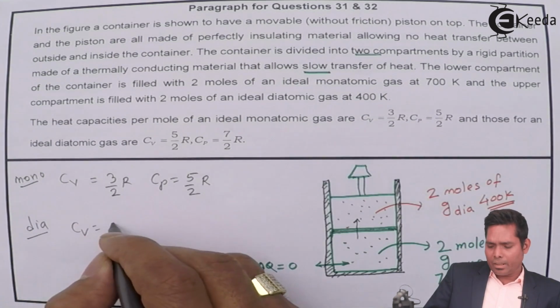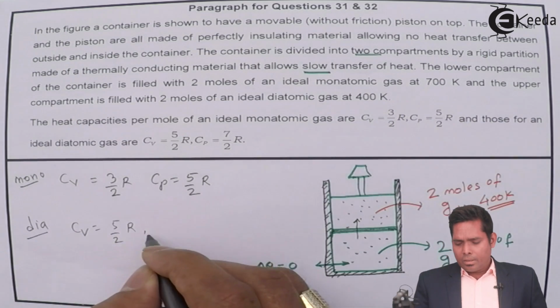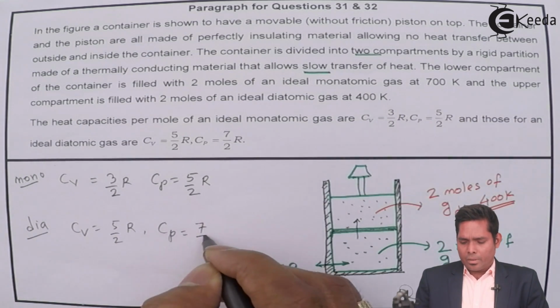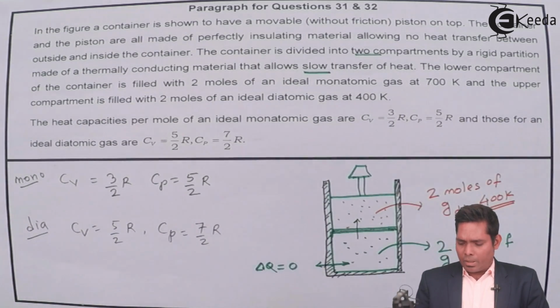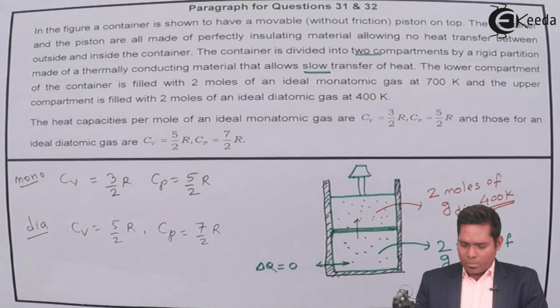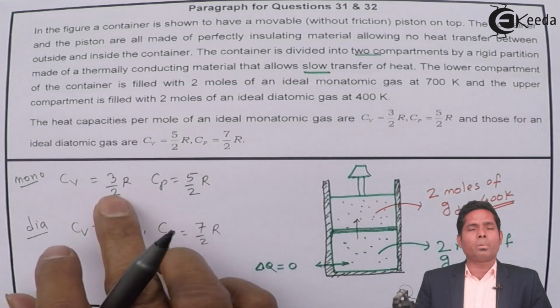Even if it is not given, we know the formula, which we must know. Cv is f/2 R, where f is the number of degrees of freedom.